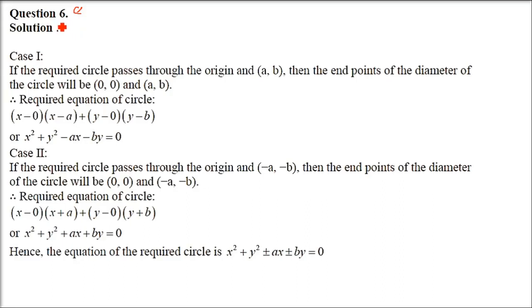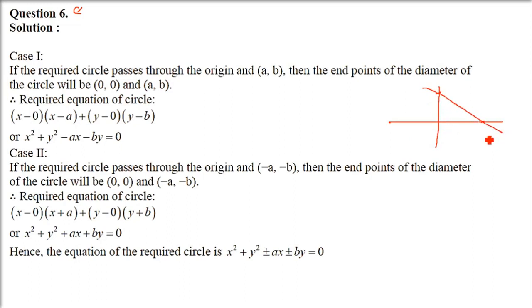Find the equation of the circle which passes through the origin and cuts off intercepts a and b respectively from x and y axis. So this question is exactly similar to what we have just seen. But the only thing is, we'll create two scenarios here. So a and b are the intercepts, but it is not given whether a and b are on the positive side or the negative side.